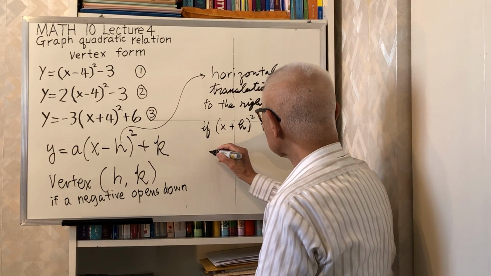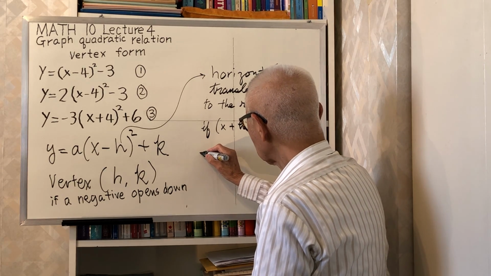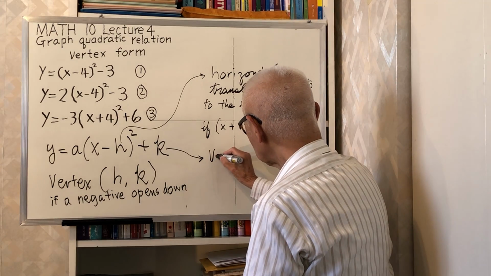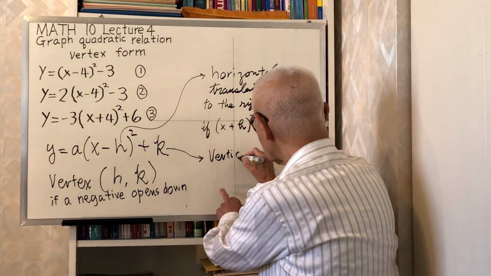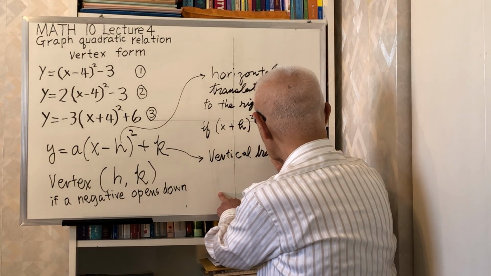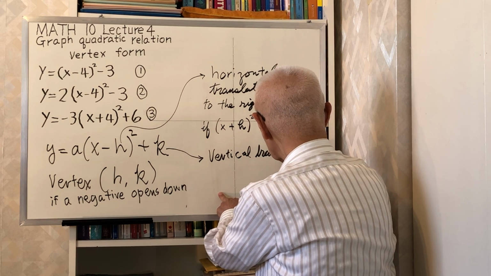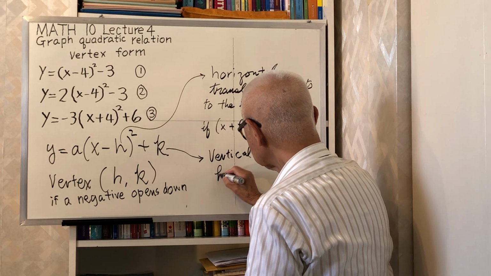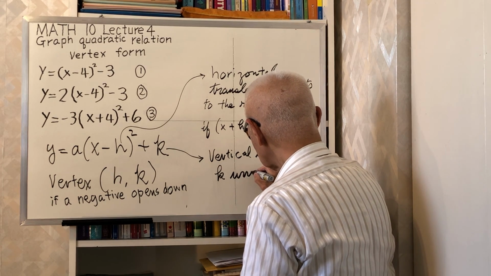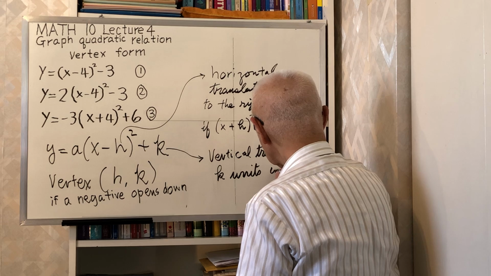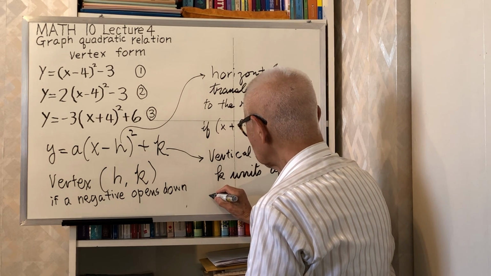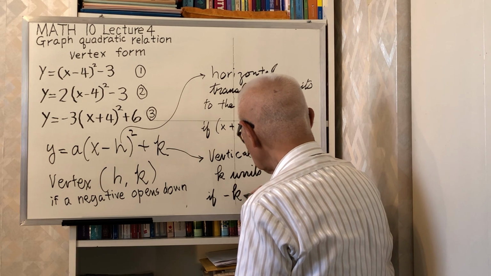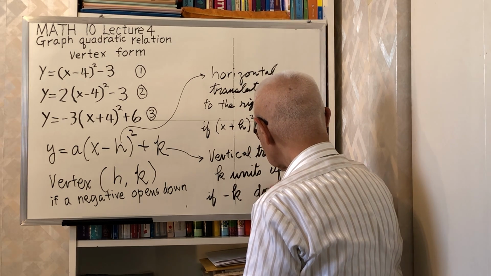So k here is a vertical translation, k units up. If it's minus k, then down.